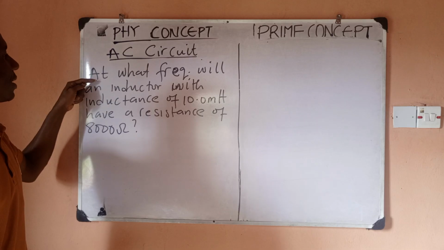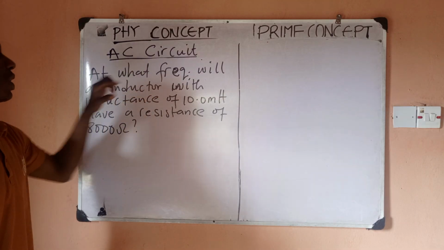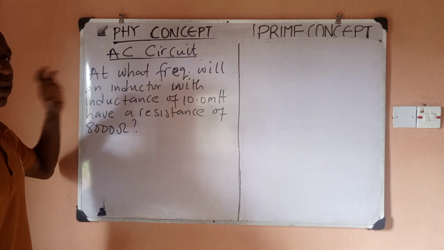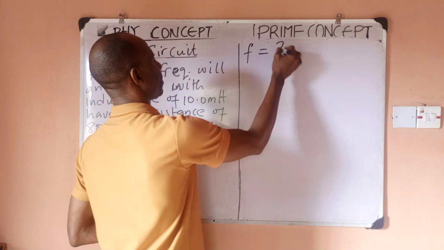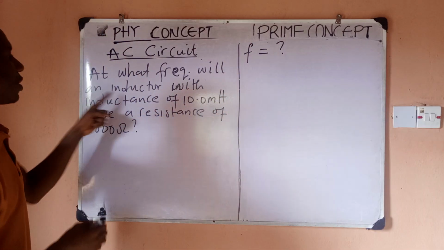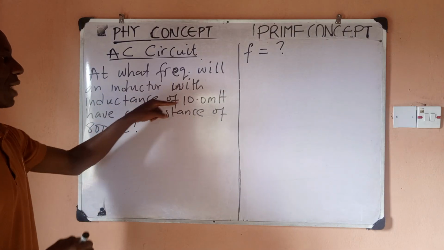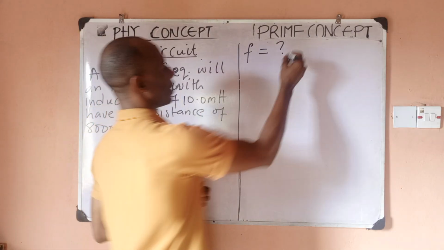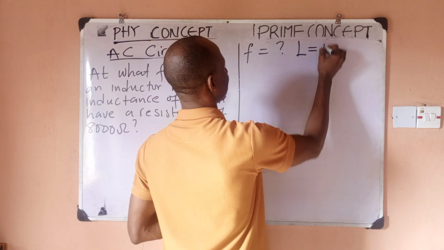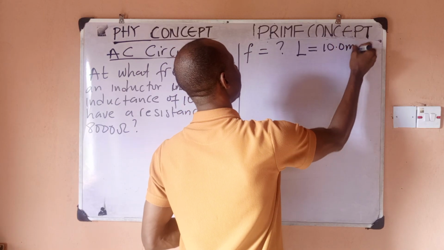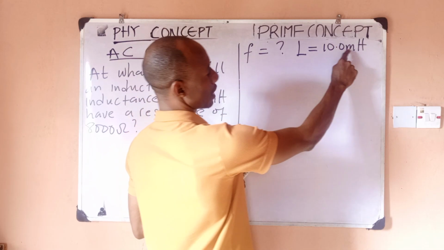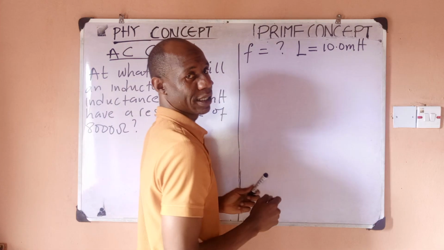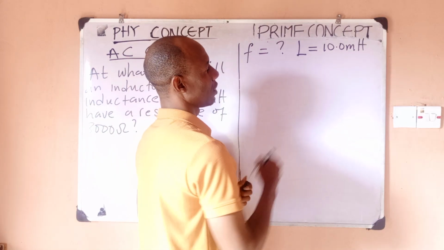The question says, at what frequency, let's call it f, will an inductor with inductance of 10.0 millihenry, first thing you want to do is remove this milli, and milli is 10 to power minus 3.